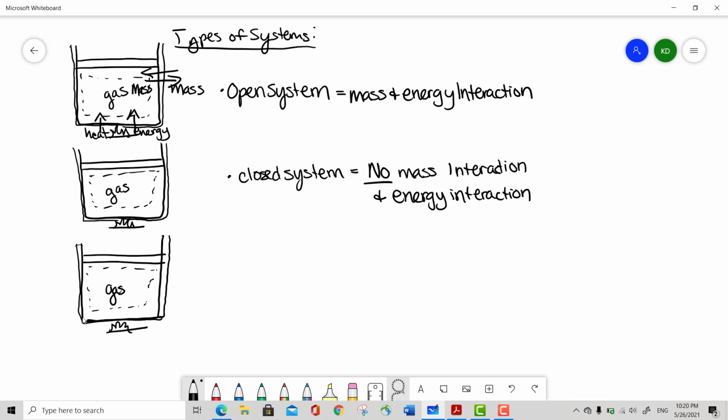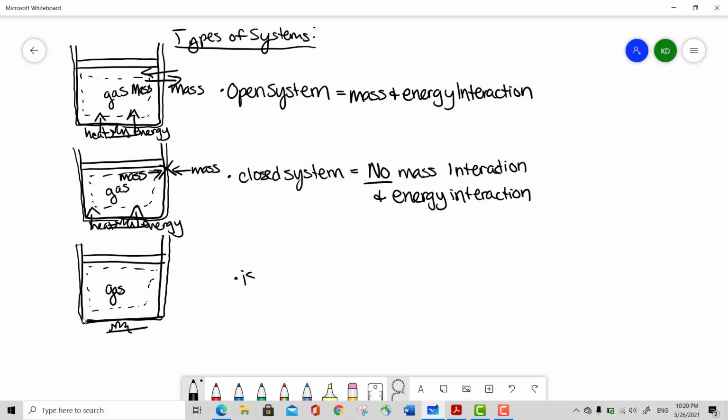Okay, so we've got heat, which is energy, and this can interact. Do you see it crossing the boundary? That means that it is interacting. But when we have mass on the inside and in these surroundings, it cannot interact. So do you see it's not crossing the barrier right here? It is not crossing. But right here it is, free for all. And right here it's going in.